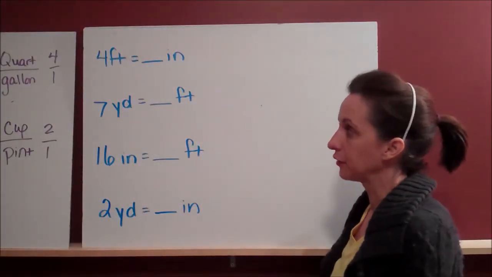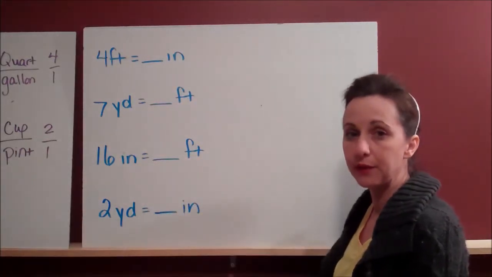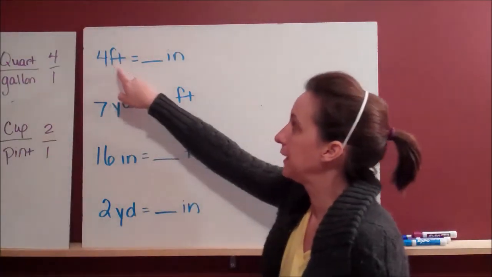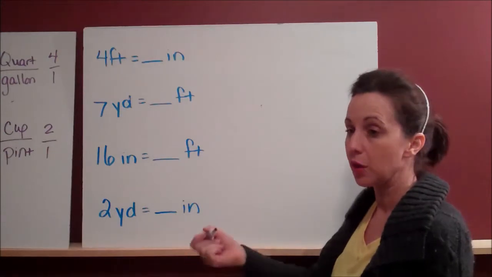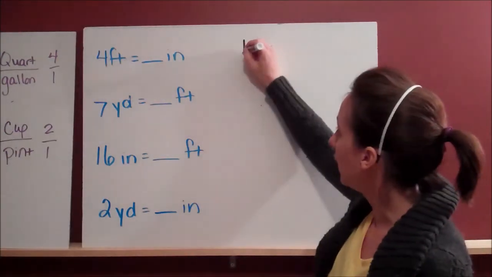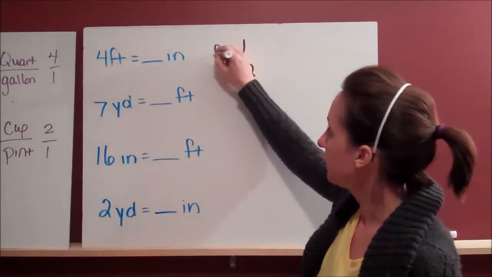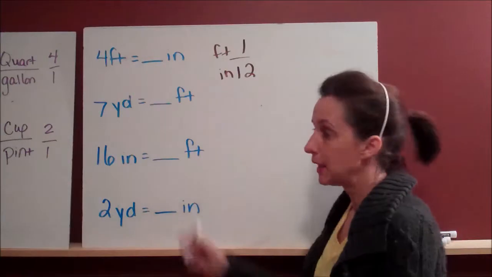The first thing you're going to do when you're solving problems like this is to write the ratio of what you already know. The ratio of feet to inches is something that we just discussed. We know that 1 foot is 12 inches. The ratio of feet to inches is 1 to 12.